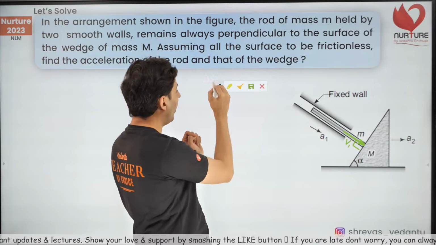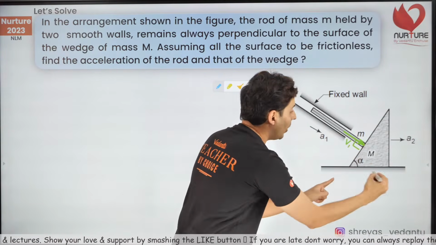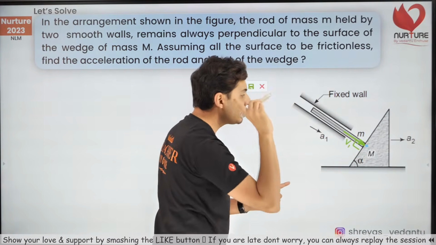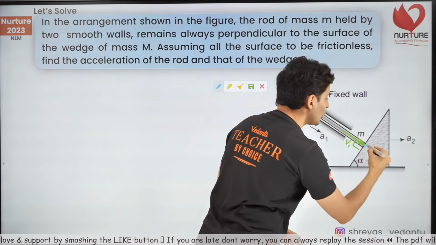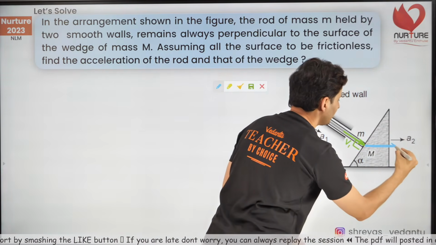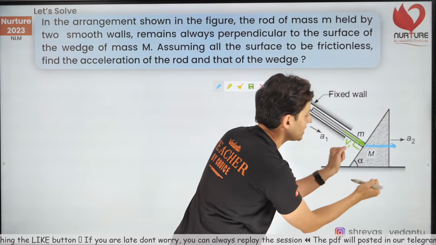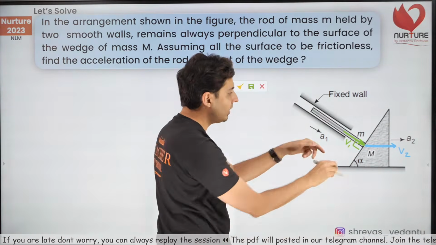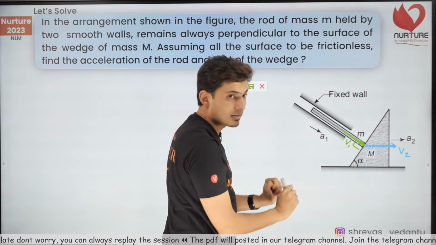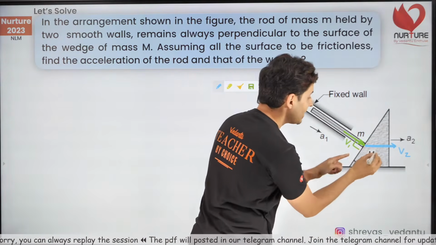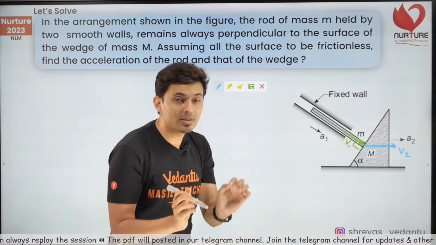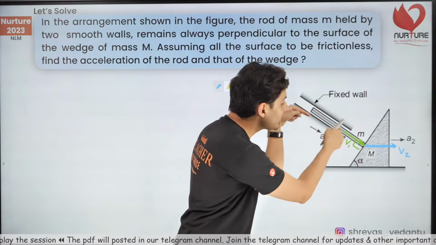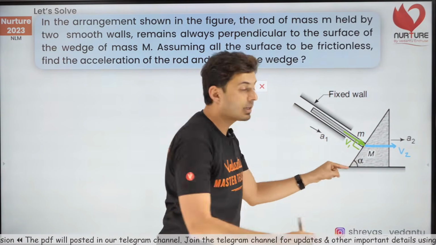Look at the point on the wedge and see where it is going. It is going in this direction because it is moving with the wedge. With what velocity? v2 velocity. Now that velocity will have two components. I'm going to take components because remember the velocities along the normal, the perpendicular, are the same.